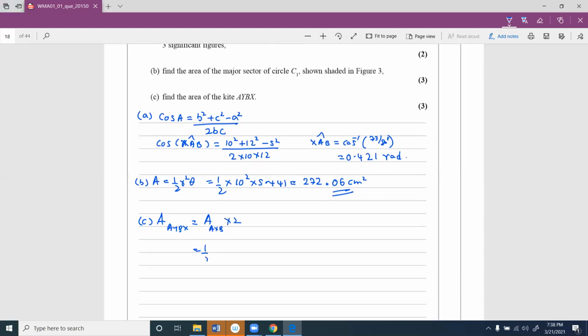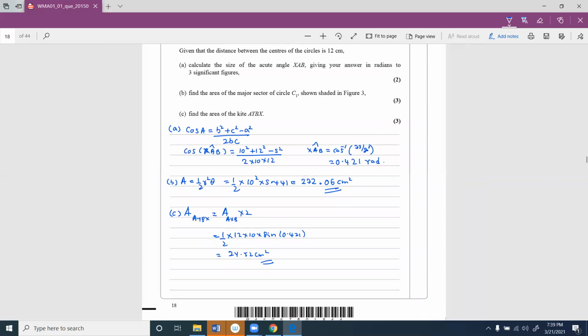That is half, you can write AB 12 into 10 into sine of this value. We already found the value for this angle, 0.421. So sine 0.421 into 60, that is 24.52. Square centimeters would be the final answer for that. That's the way of doing this question.